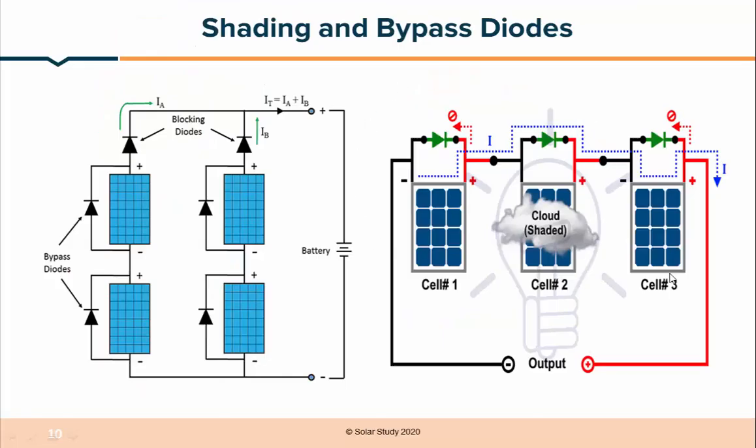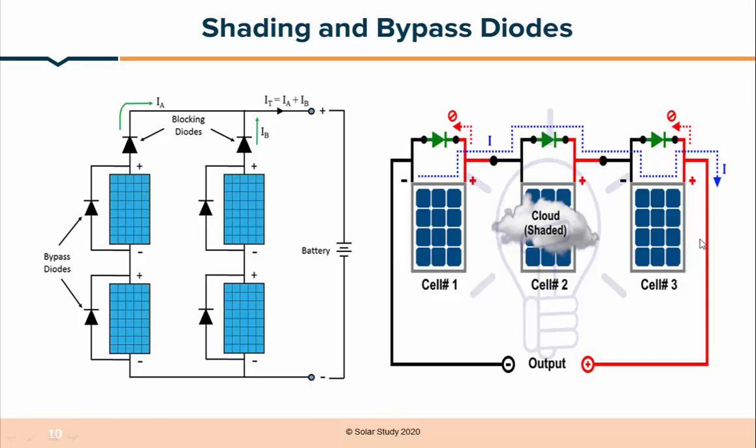In this image you can clearly see how the current path goes through the anti-parallel or bypass diode. When a cloud occurs, the current that wants to flow like this will take this path through this diode.